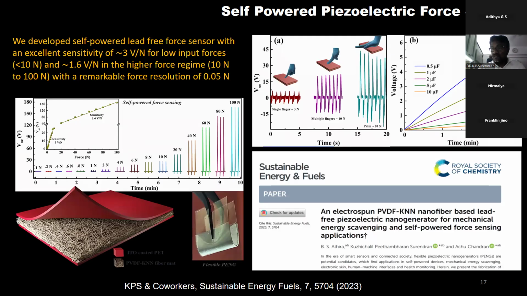But currently, the materials used for piezoelectric applications are lead-based materials, like lead zirconate titanate, lead magnesium niobate-lead titanate, and lead zinc tantalate. There are many other materials which have a toxic lead component. So we don't want to contaminate our world with lead.